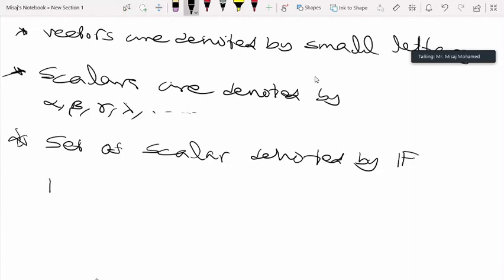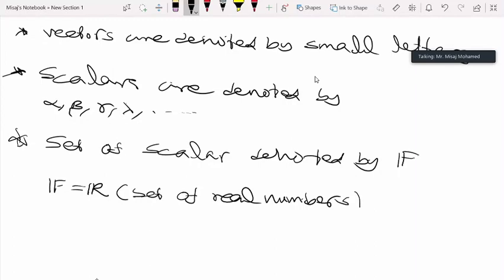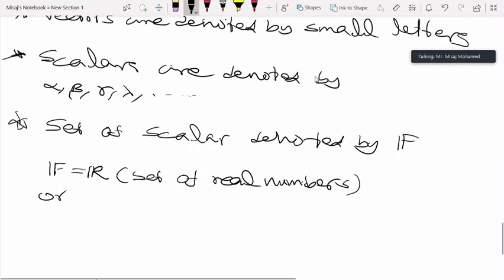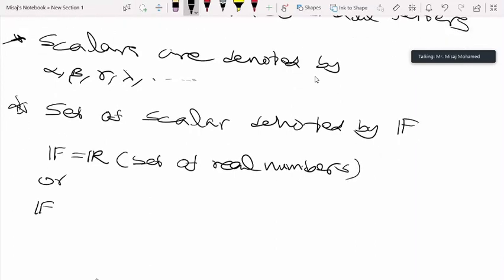For the time being, I will take F as R, that means the set of real numbers. Mainly we are using these two. Or, according to the situation, we will change to the set of complex numbers.